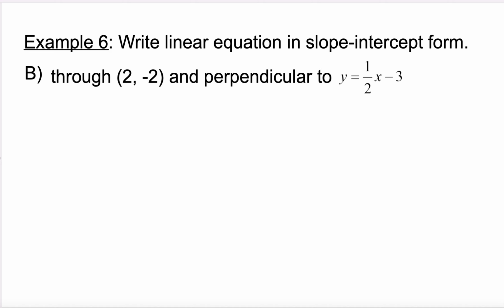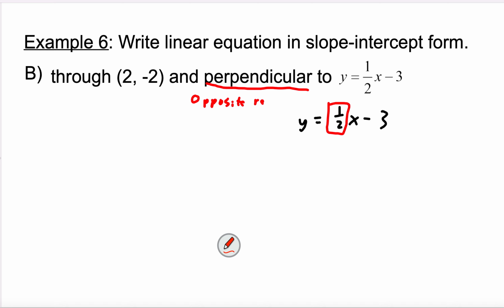All right, what if you're given some information and you're told that it's perpendicular to a different line? Well, remember, the only thing we're interested in is its slope. Its slope there is 1/2. What's the relationship with perpendicular lines? They have opposite reciprocal slopes.